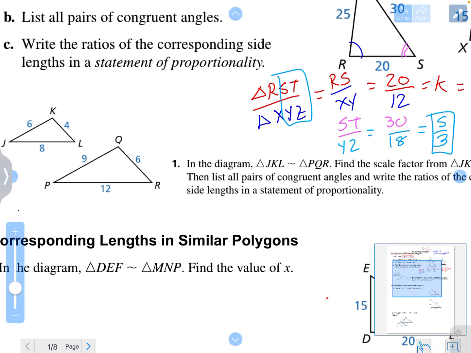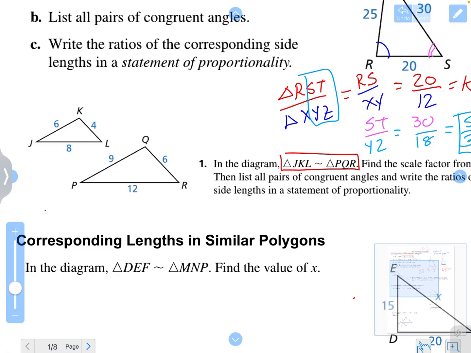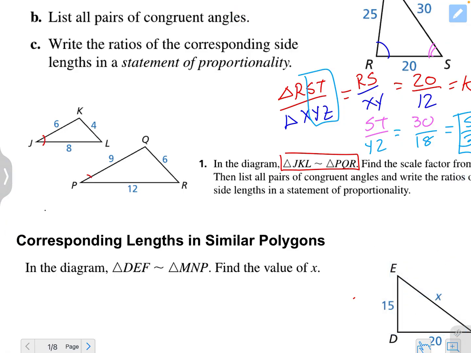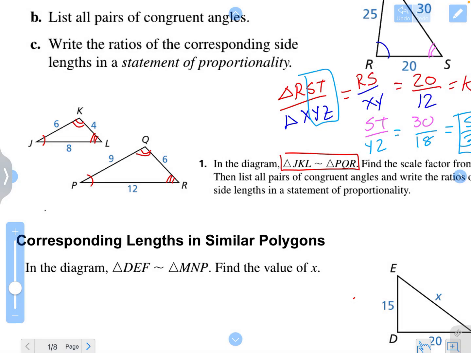Again, in this one, they give us our similarity statement, and they want us to find the scale factor. So I know that angle J is congruent to angle P, K is congruent to Q, and L is congruent to R. We want to find the scale factor, so I'm going to put triangle JKL over triangle PQR. I'm going to start with JK over PQ.